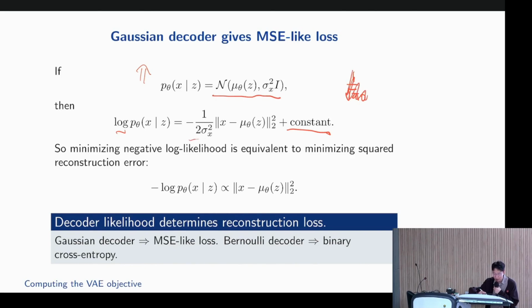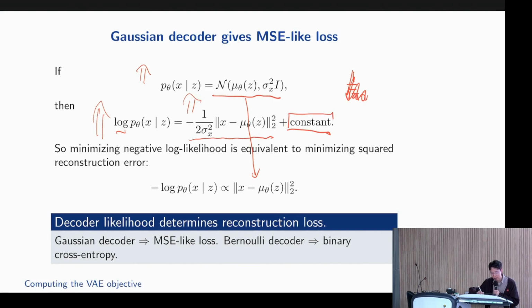So what remains is this guy here. Minimizing the negative log likelihood, as we already talked about, is equivalent to minimizing the squared reconstruction error. So we're just going to replace this whole thing with MSE loss. So maximizing this guy is the same as maximizing this guy.